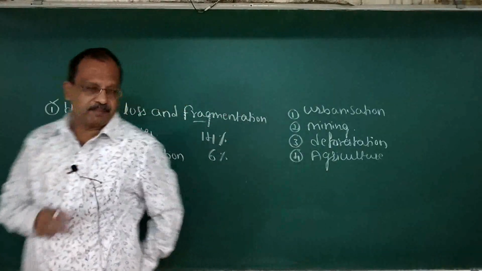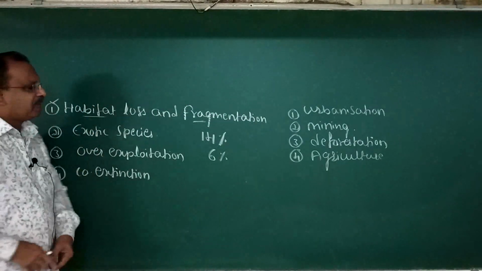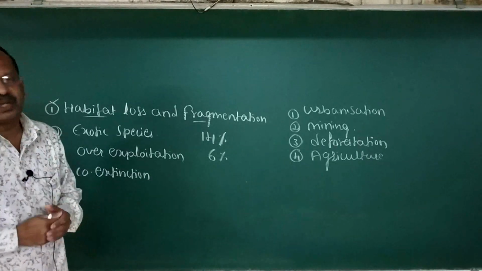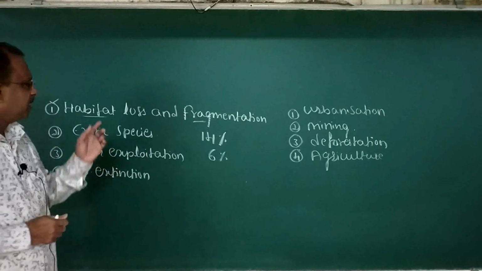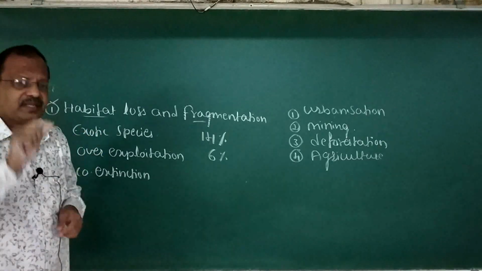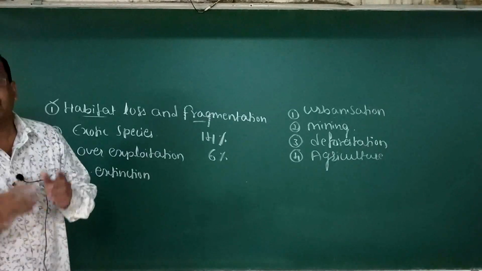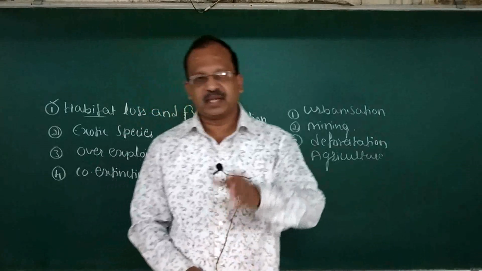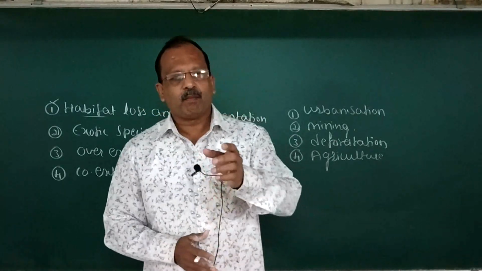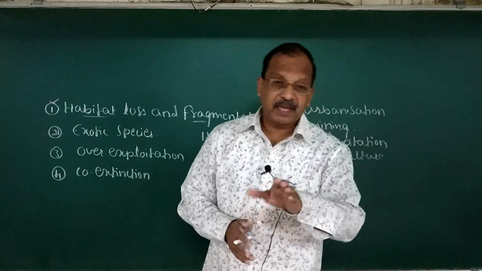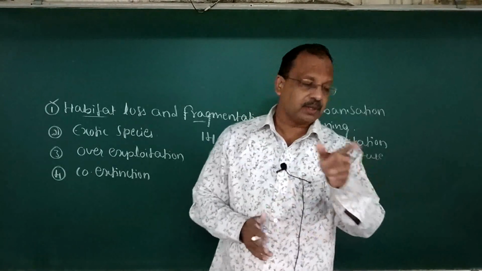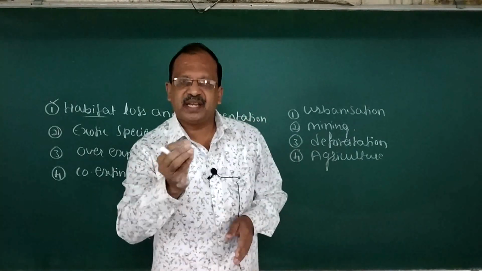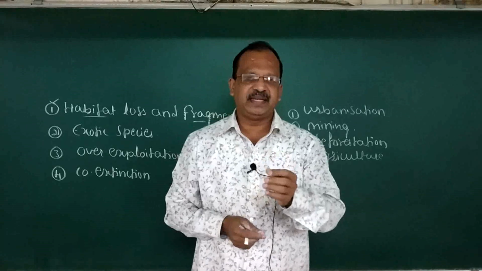I will repeat the matter once again, take care of this. Destruction of the habitat is the primary reason for the loss of biodiversity. Now the question arises, what are the reasons behind the destruction of habitat? It is mainly due to human activities: urbanization, mining activities, expansion of agriculture, deforestation. Converting the forested area into non-forest is called deforestation.